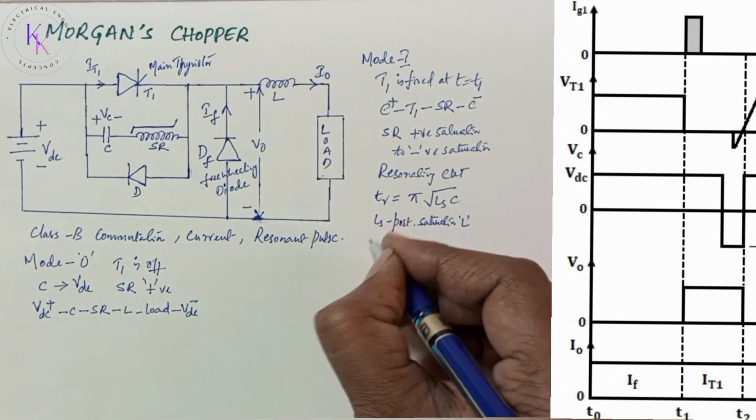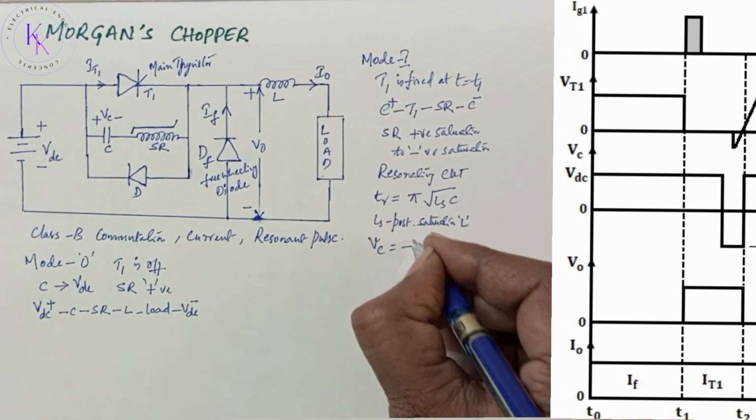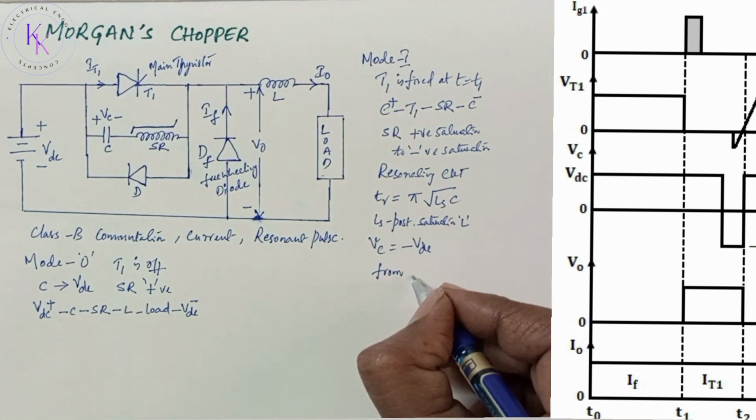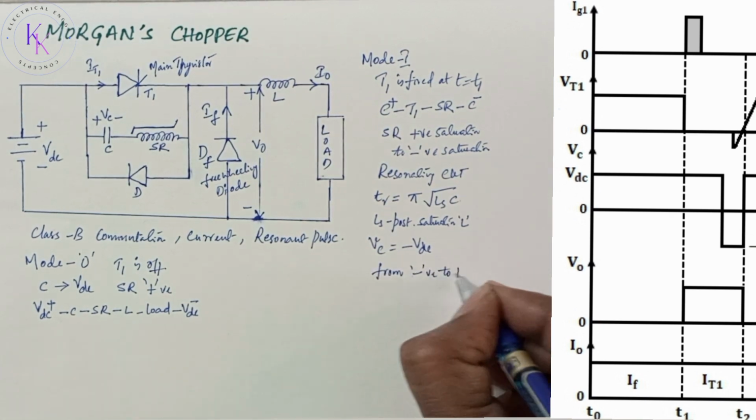Now the voltage across the capacitor is minus VDC, which is applied across the saturation reactor, resulting in the change of the core flux direction of the saturation reactor from negative to positive.